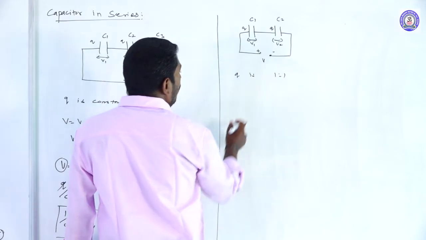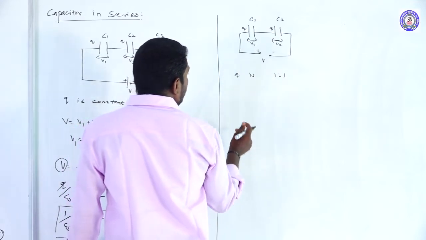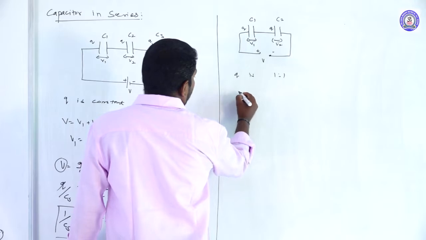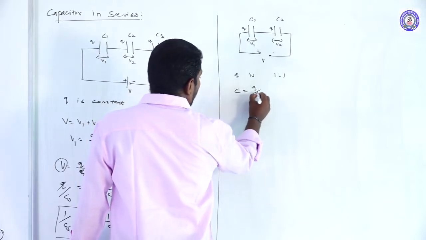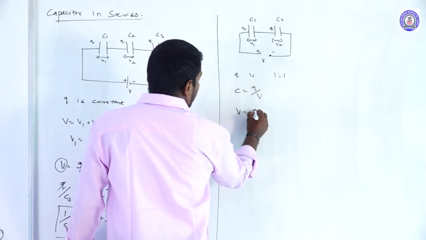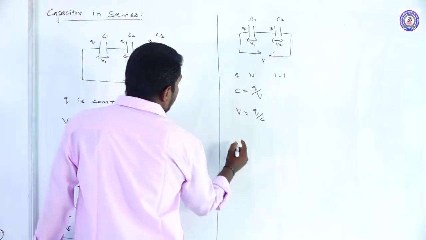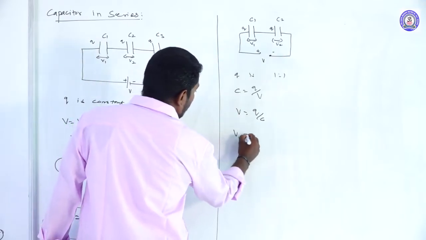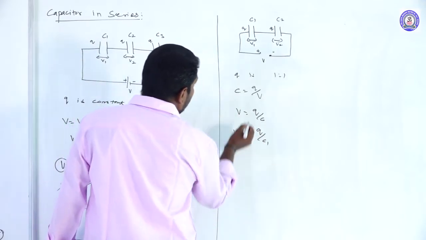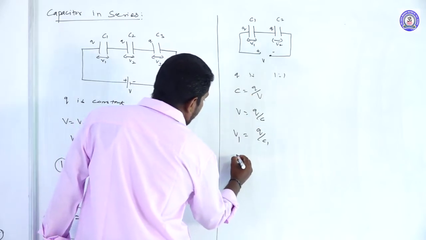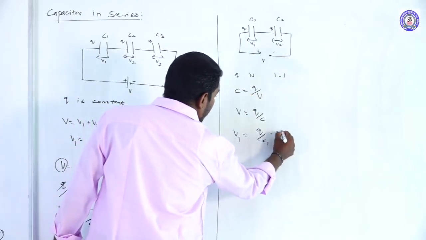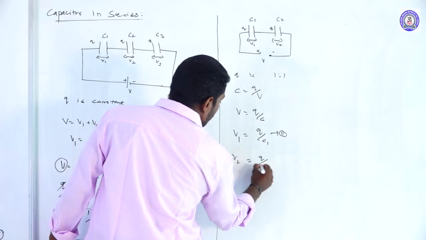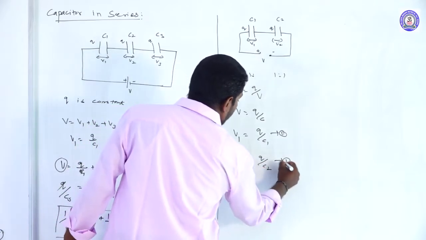Then what is the ratio of potential difference between the two capacitors? Generally C is equal to Q by V, so V is equal to Q by C. Then the potential difference across the first capacitor V1 is equal to Q divided by C1. The potential difference across the second capacitor V2 is equal to Q divided by C2. Equation number 2.